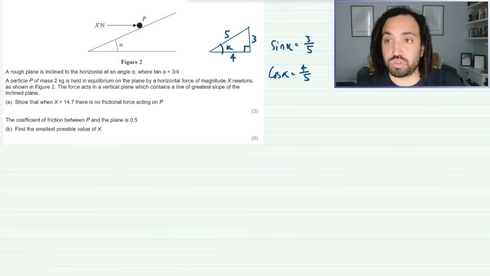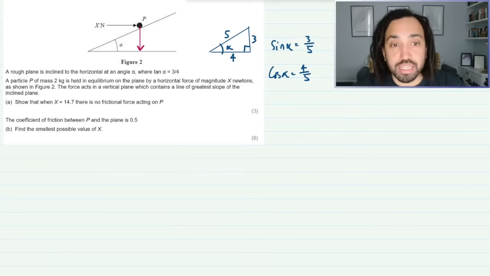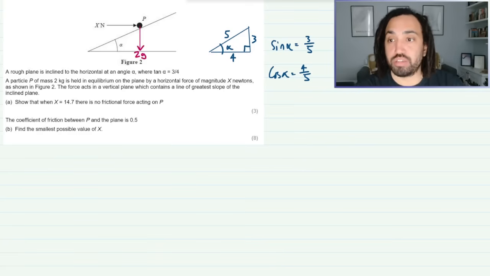Next, I'm going to want to draw on my forces. So I'm going to draw a line down here for the weight of P, and we're told that's 2 kilograms, so that's 2 times G, the weight, sorry. Okay, and then what I can do is I can draw the components of those.